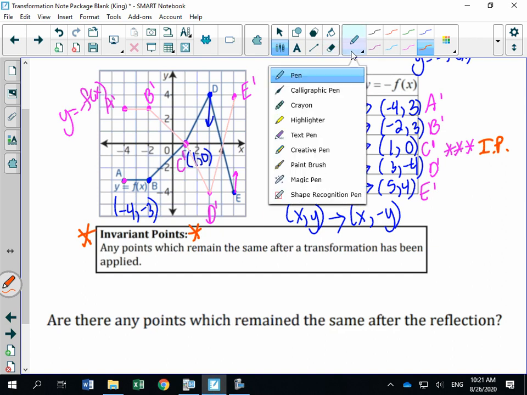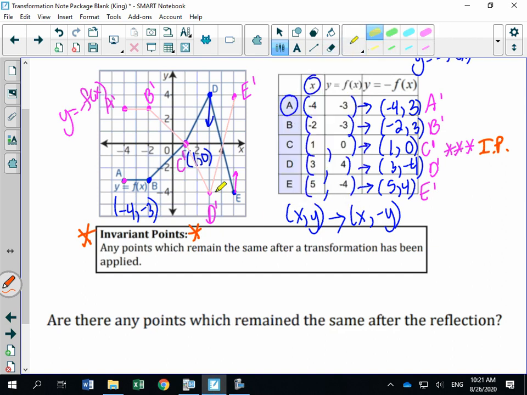You might want to highlight invariant point. It's just such a big concept that continues throughout Math 30, okay? In this case, our invariant point was C to C prime, right? It did not change, so C and C prime were my invariant points.